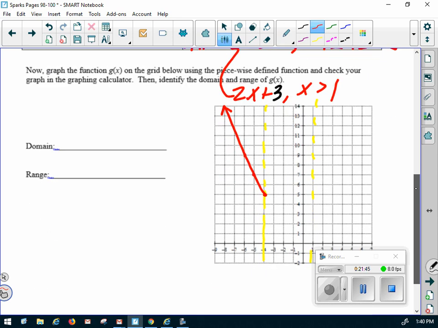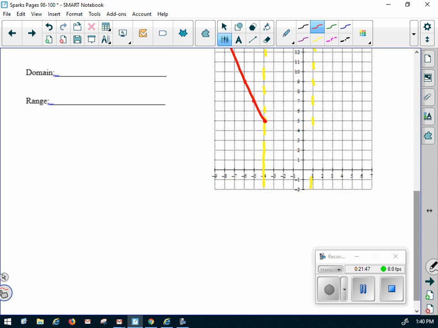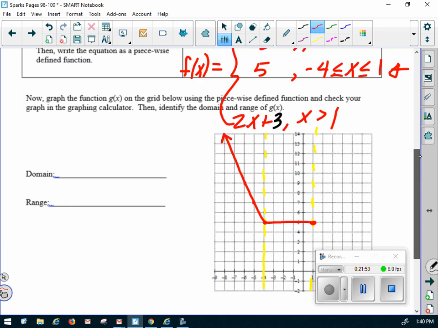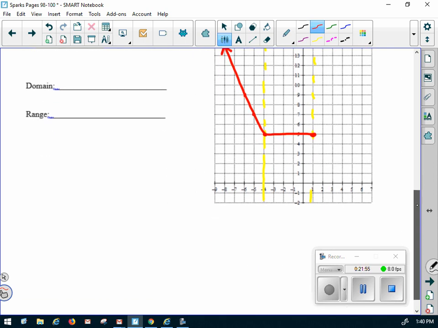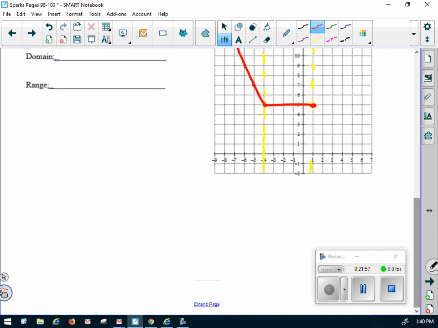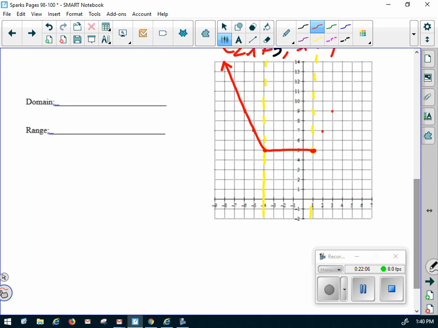Y equals 5 in the middle yard. 2x plus 3 in the right yard. Y-intercept's 3. Up 2, right 1. There's the rest of it.